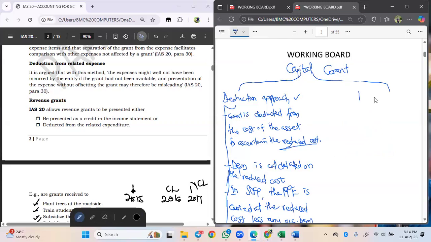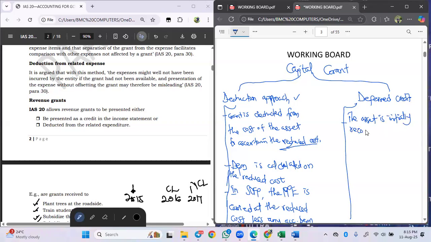Okay, so we have the deferred credit method. So with this approach, we are saying that the asset is initially recognized at the gross amount.